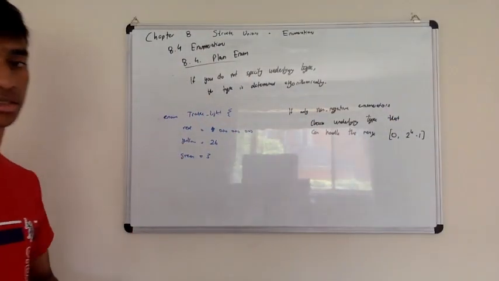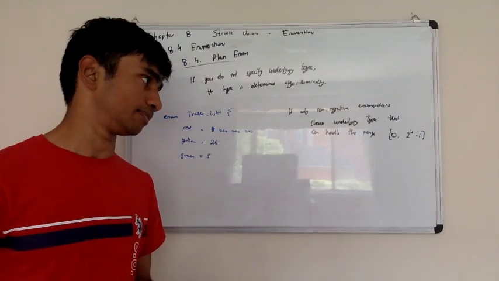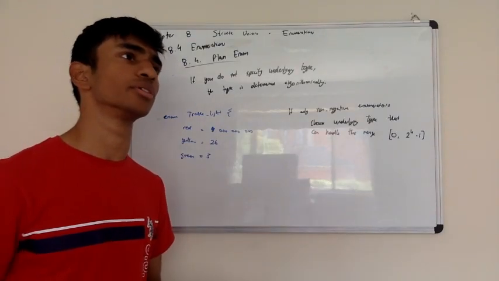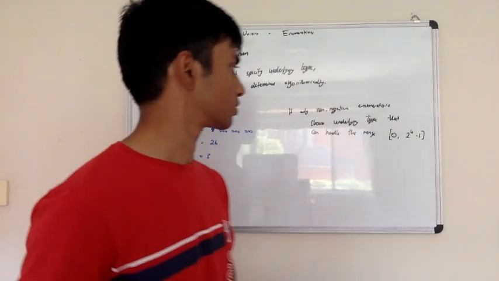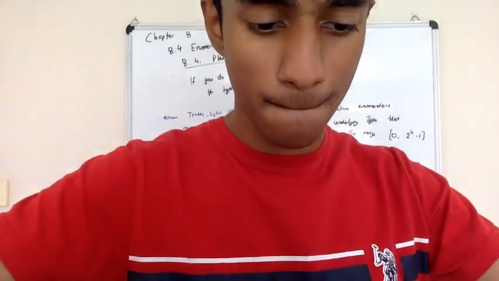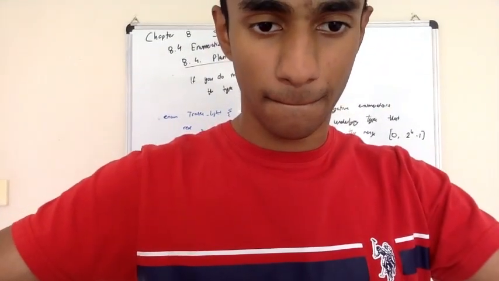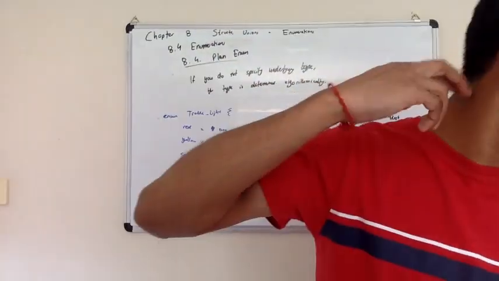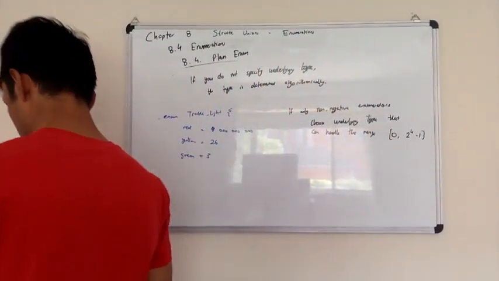In essence, where k is going to be the number of bits you need, I think. Is that right? What's 2 to the 32 minus 1? Let me check that. Hang on. Yes, I think that's right. So, k is the number of bits in essence.